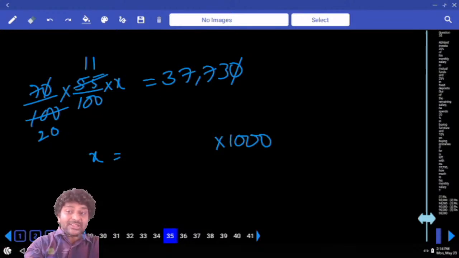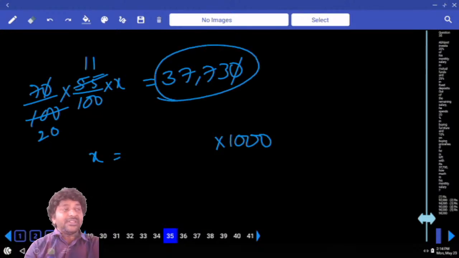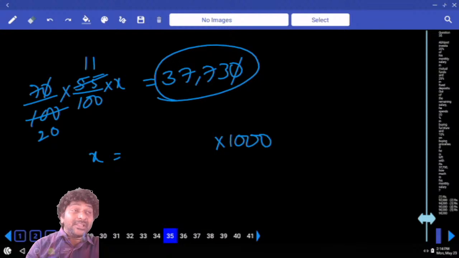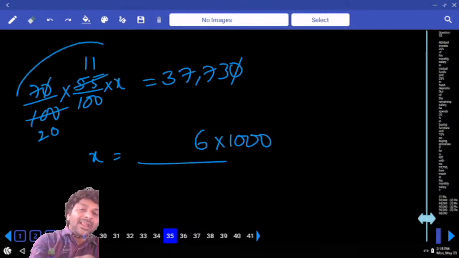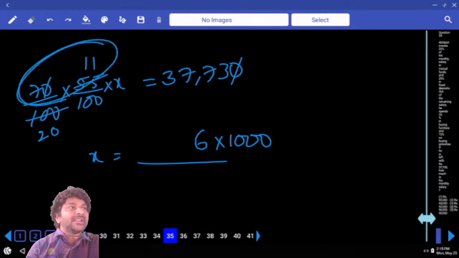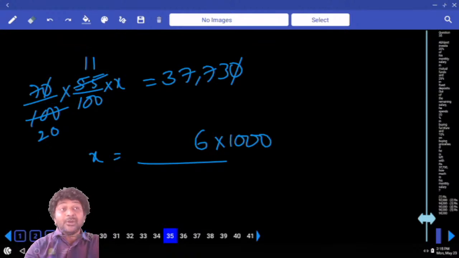That also goes to the other side, and this value 3773 should be multiplied by 2 or divided by 2? Multiplied by 2. Then it ends with 6. Okay, divided by, and left hand side numerator 7 into 11 is there, that ends with 7. When it goes to right hand side, it becomes in denominator.